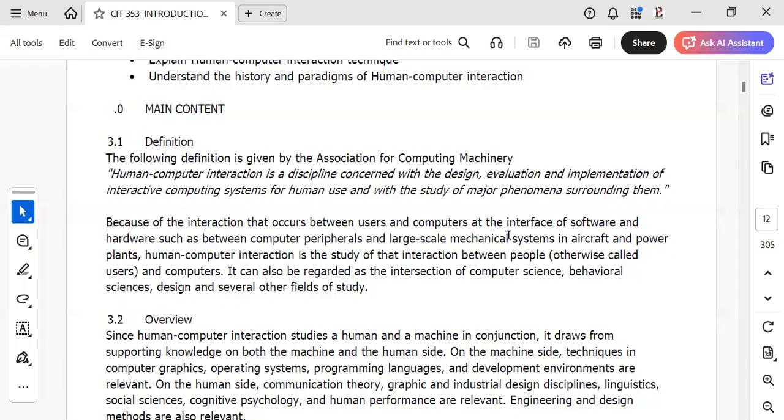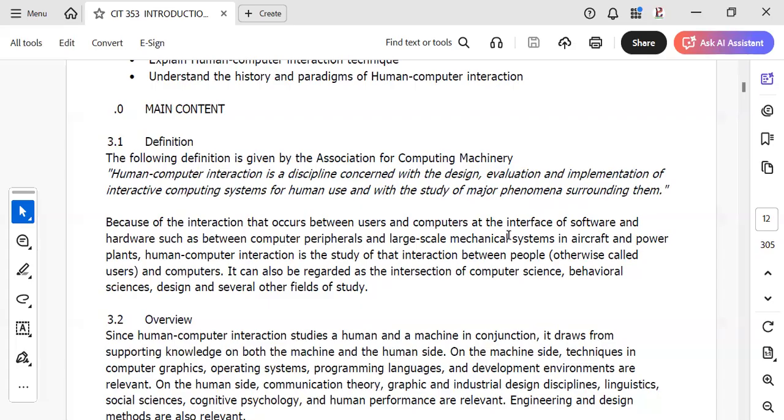Human-computer interaction is a discipline concerned with the design, evaluation, and implementation of interactive computing systems for human use. And also it studies the phenomena that surround the systems. Now, that is the definition.